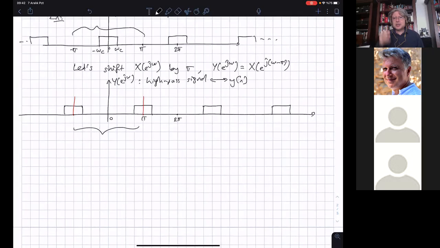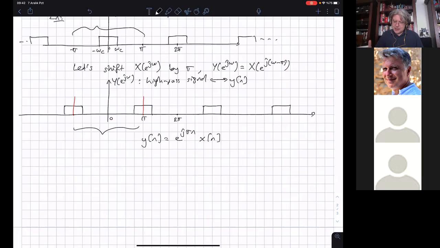If you shift in frequency, you multiply in the time domain with the corresponding complex exponential. Y of n is essentially e to the j pi n times x of n. Okay, this is the relation between the time domain signals.